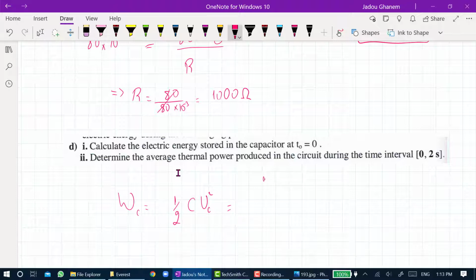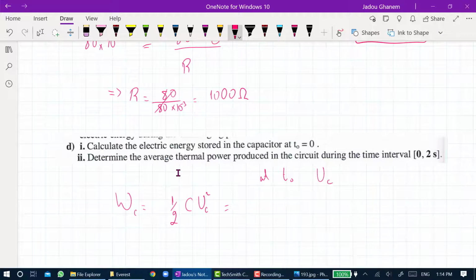At T0, the voltage across the capacitor UC will be maximum. Here we are talking about the discharging phase. So before starting to discharge our capacitor, initially it's fully charged to E.